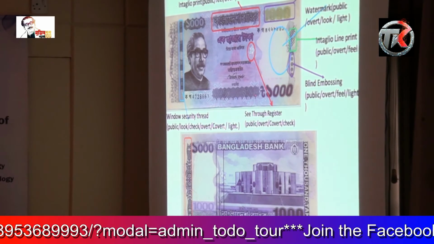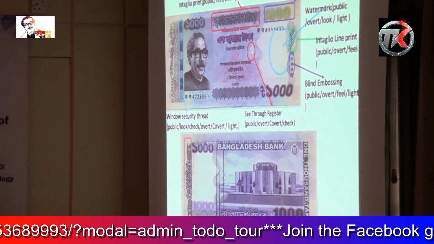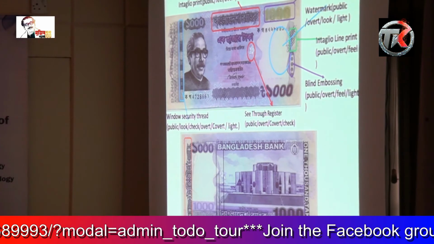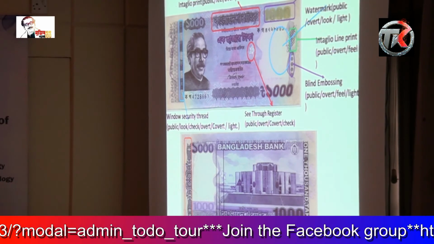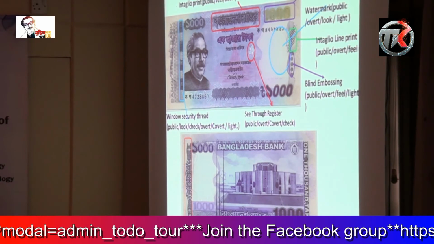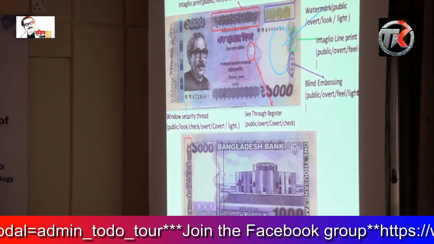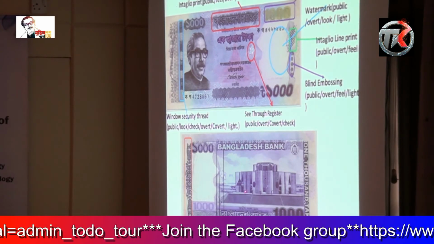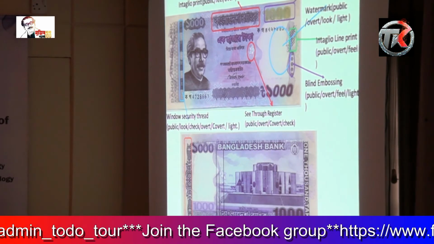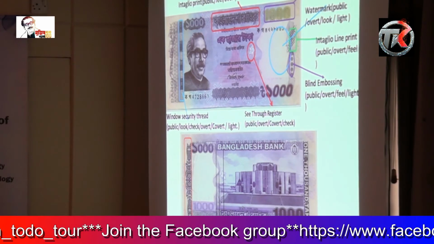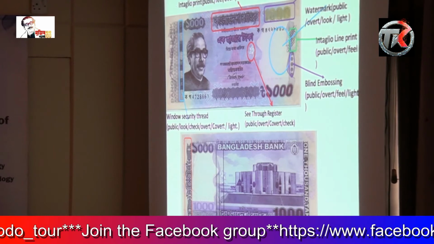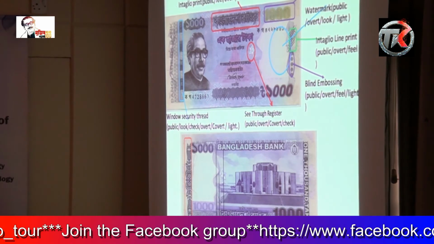And see-through, you need to see it against the light. As well as the water thread, you need light and look. Even the iridescent strip, you need light as well as look. So we categorize look, light, feel, and check.